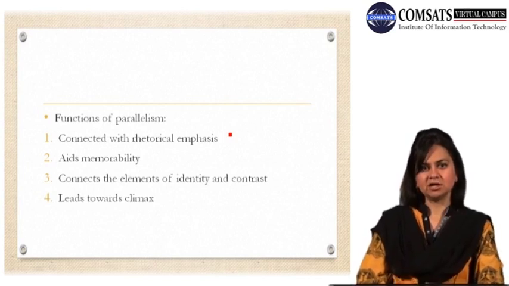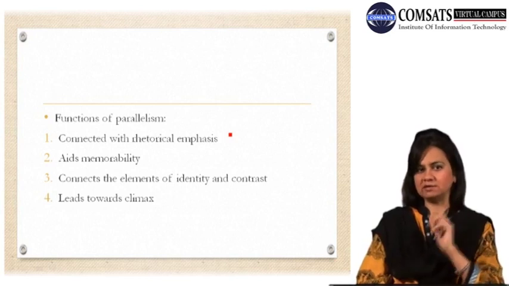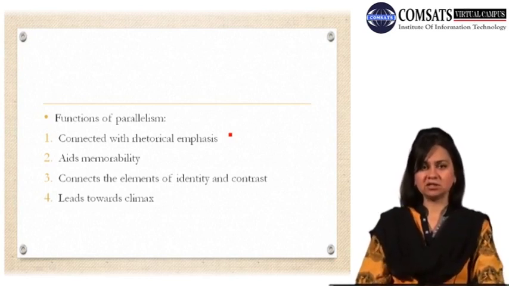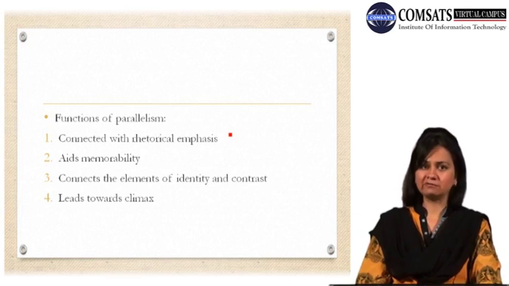But in the example, "he raised a mortal to the sky, she drew an angel down," we find both the elements, identity as well as contrast. So it depends upon the use of parallelism, how a writer chooses to do so. Either he has used only the element of identity in the creation of parallelism, or he also has used the element of contrast along with identity.